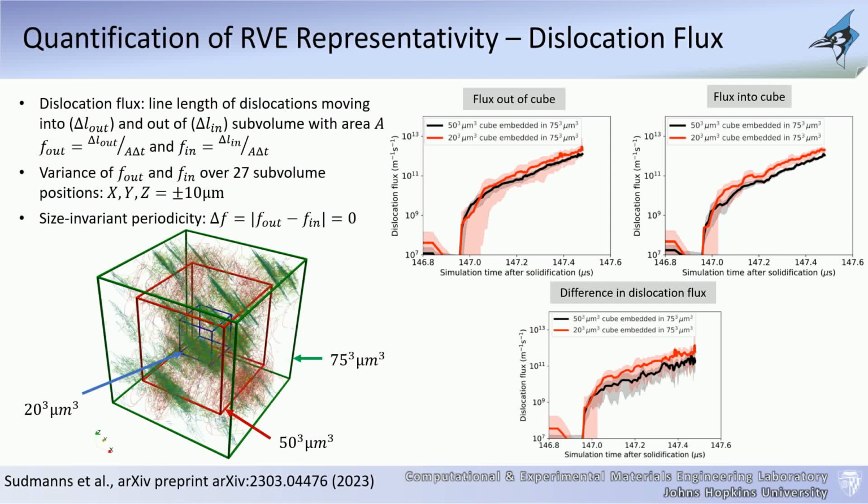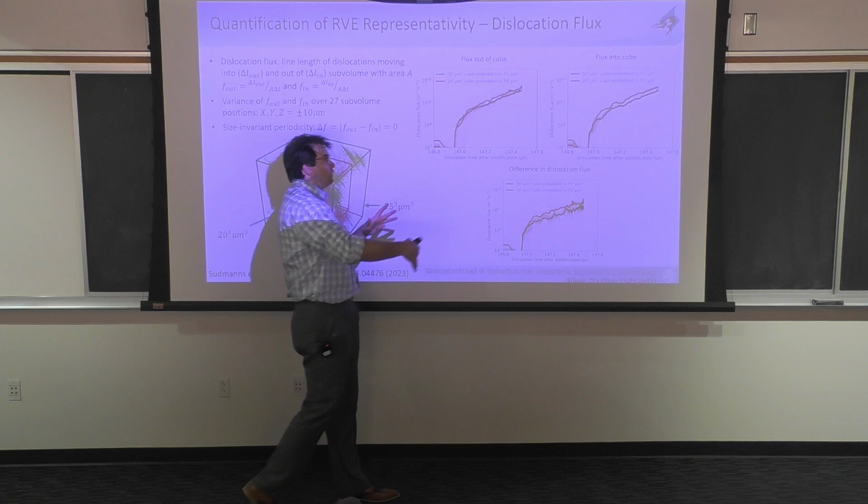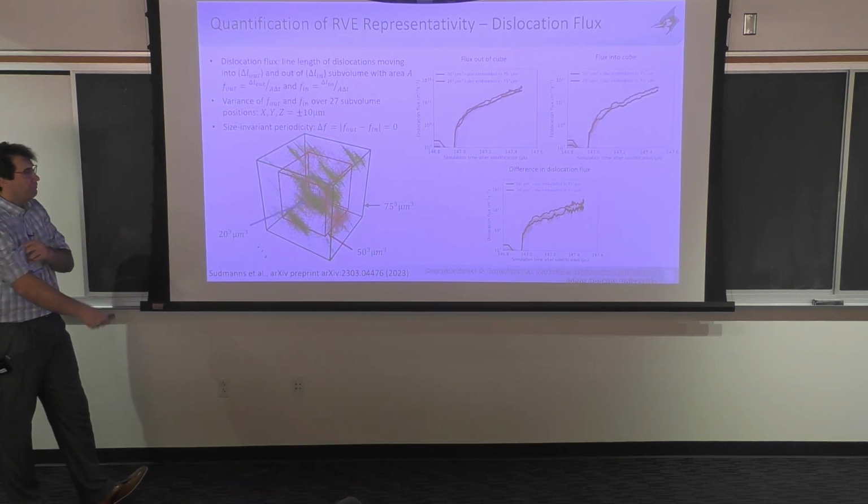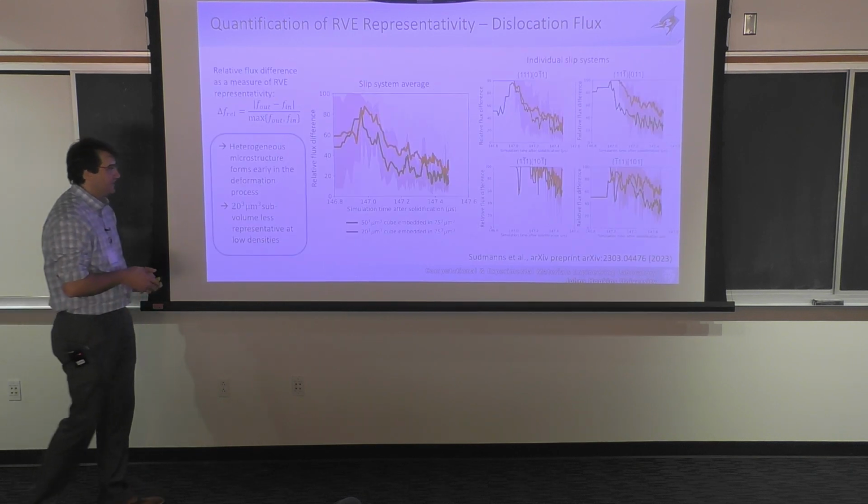You can look at how those dislocation fluxes evolve over time at different locations in the crystal, which gives you much more meaningful information than doing one simulation and trying to extract one density as it evolves in time. You can now get location-specific analysis.